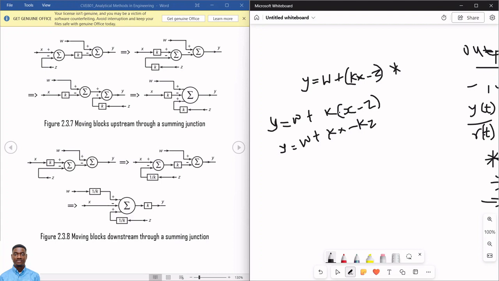And that will be giving me K into X minus Z, that will be KX minus KZ, which is not this mathematical model. So the only way that could happen is if I have Z over K, where I have Y equals W plus K into X minus Z over K.